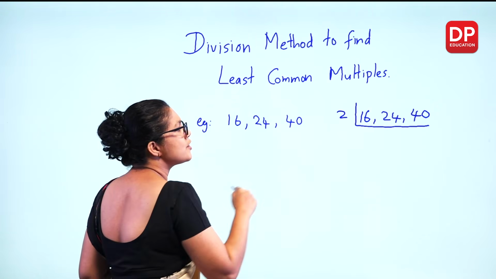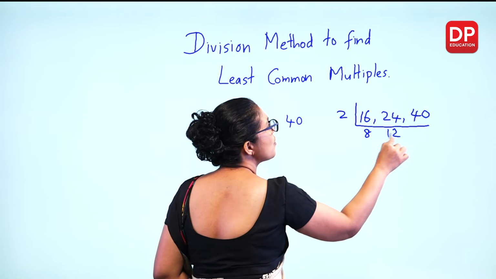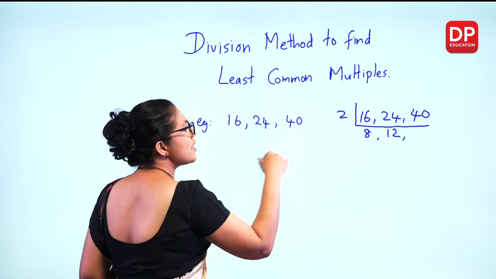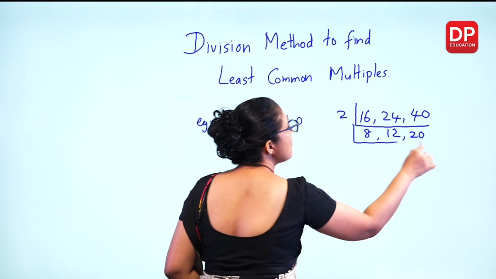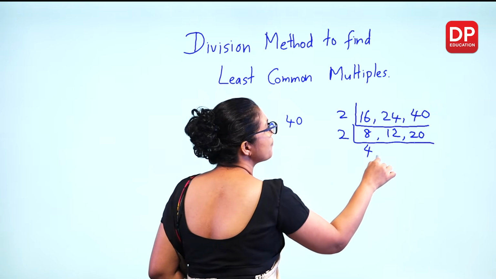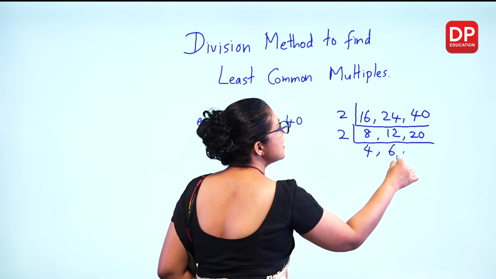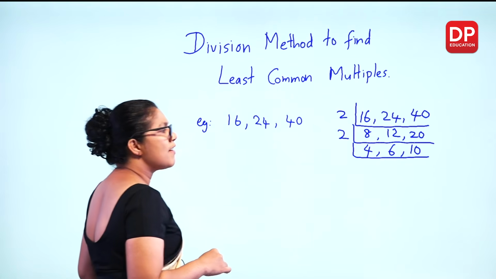When you divide by 2, you get 8 here. 24 divided by 2, you get 12. 40 divided by 2, you get 20. Again, I can divide by 2. You get 4, 12 divided by 2 is 6, 20 divided by 2 is 10. Again, divide by 2.